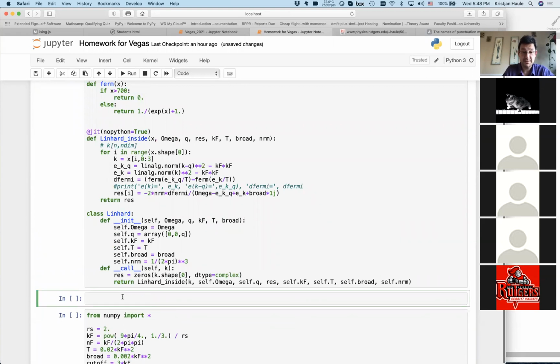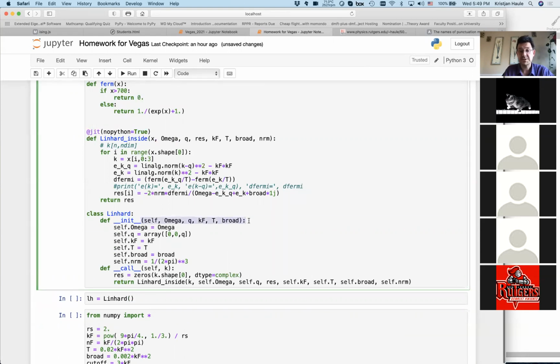So let's say LH is Slingheart, and then we need to give all the arguments that initialization needs, isn't it? So of course self is kept, and then omega, let's say, is 0. Let's say KF right now is just a number, I can always do that if I want to.